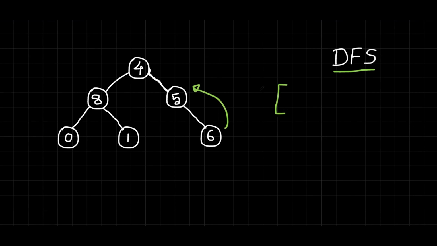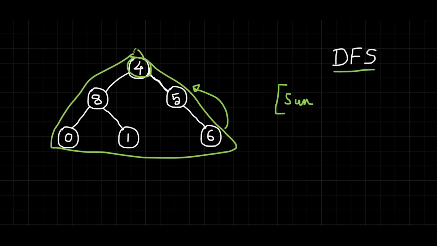At first, we will return the value which is the summation of all of the nodes in the subtree rooted at this node. Suppose we are at this node 4. So we will return the summation of all of the nodes present in the subtree rooted at 4. And as the second value, we will return the number of nodes available so that we can divide them and get the average.